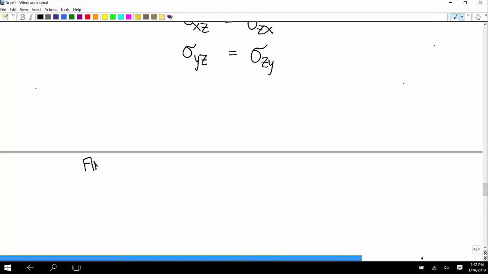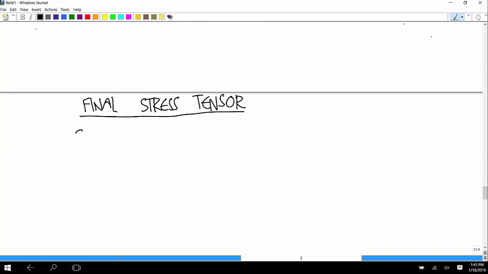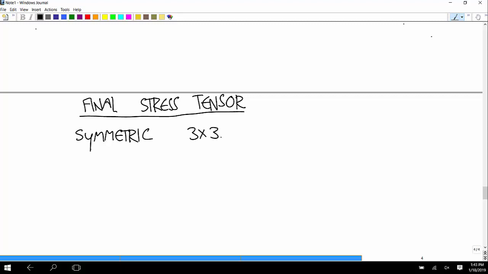So the final stress tensor is a symmetric 3 by 3 matrix. We'll call it sigma under squiggle.